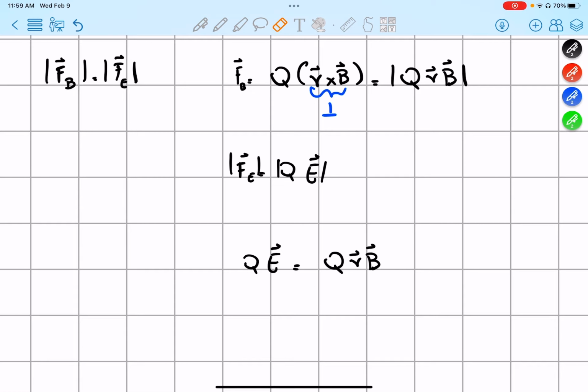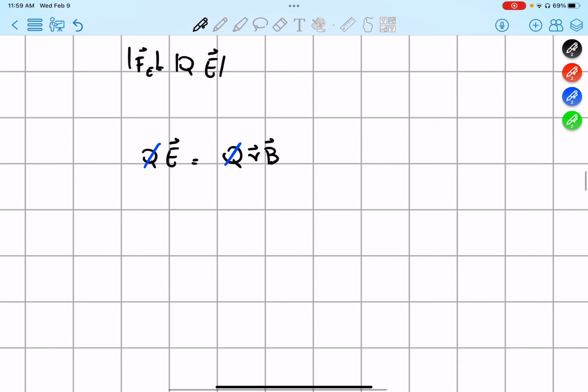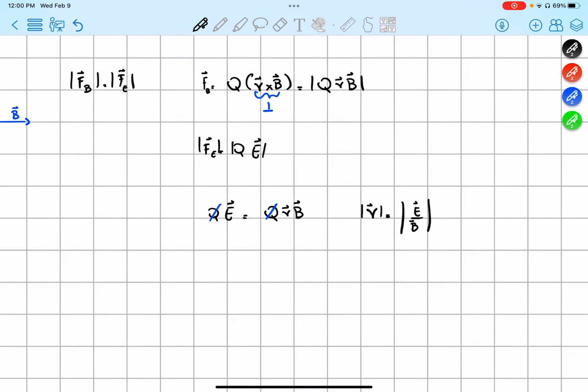And now we can cancel out the Q on both sides. And we know that, of course, we're always talking about the magnitude of this vector, the magnitude of V is equal to the magnitude of E divided by B. And that is the solution to the first part, A.